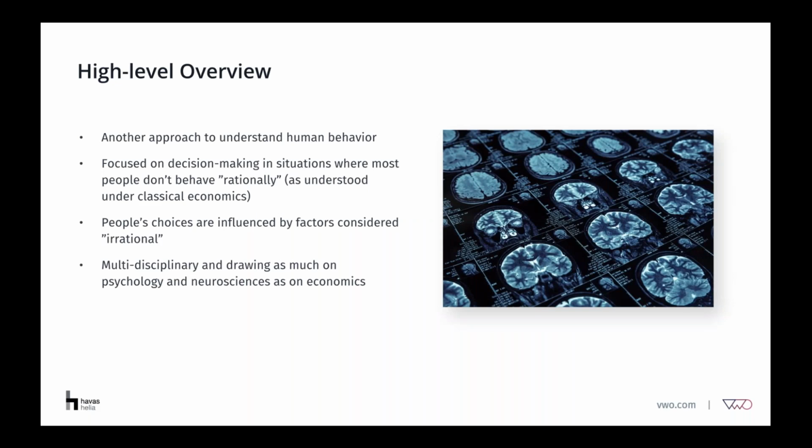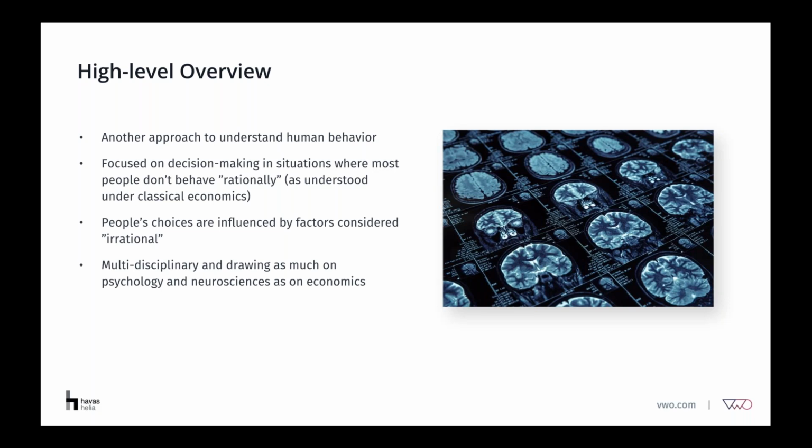So first, just an overview of behavioral economics. It's another approach to understand human behavior. We are focused on the situations where we have to make a decision and where most people don't behave rationally. Rationally here is as understood and defined with classical economics. So people's choices in those situations are influenced by factors which are considered irrational.